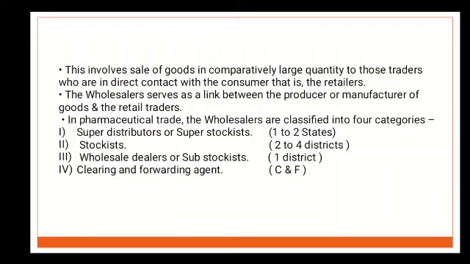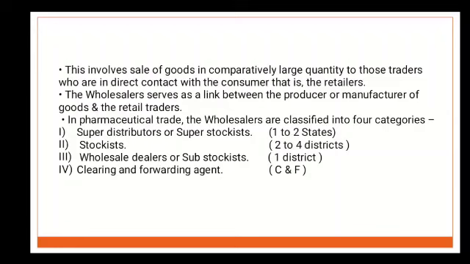In pharmaceutical trade, the wholesalers are classified into four categories. First, super distributors or super stockists. Second, stockist. Third, wholesale dealers or sub-stockists. And fourth, clearing and forwarding agent. We will discuss one by one.